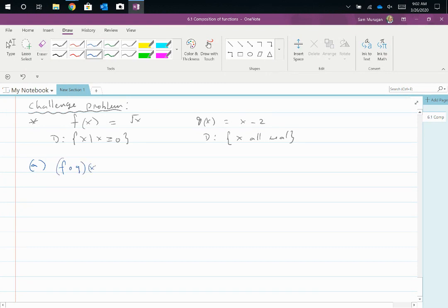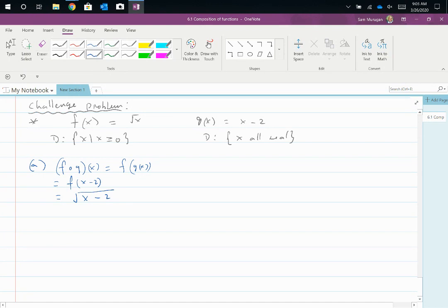So this is f composed of g of x, where we substitute into the f function x minus 2. And so this is simply the square root of x minus 2.